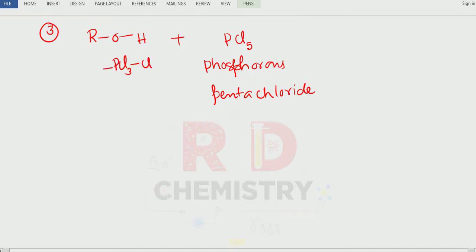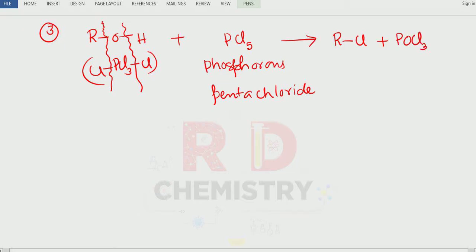PCl3, then 2 chlorine atoms makes 5 chlorine atoms, and I will break the molecule into 3 parts: first part, second part and third part. So I'll write now RCl plus the middle product POCl3, phosphorus oxychloride, and the other product hydrochloric acid. Now what is the product formed here?